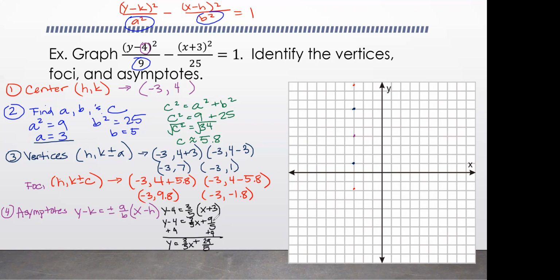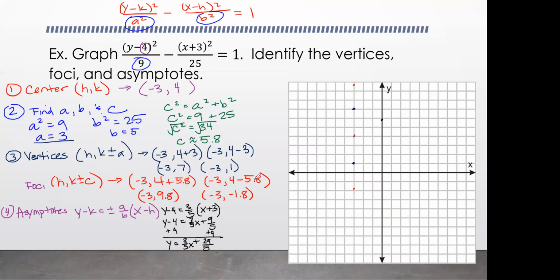So this is where one of my asymptotes is going to be, so I need to graph this line. This is in slope-intercept form, so my y-intercept is at 29/5, so it's almost 6. My y-intercept, 1, 2, 3, 4, 5, 6, is right underneath 6, because it's almost 6.